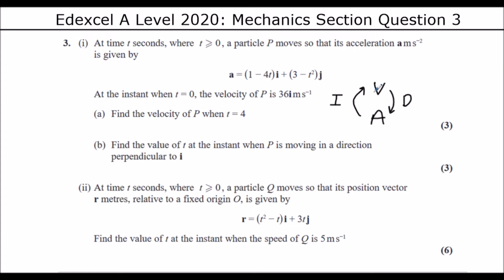And it's the same from a velocity-time graph: to find the displacement or the distance, we find the area underneath, which is found by integrating. But if we have displacement and we want velocity, we do the opposite, which is differentiating. So we've got the acceleration, we need the velocity, so we are integrating.